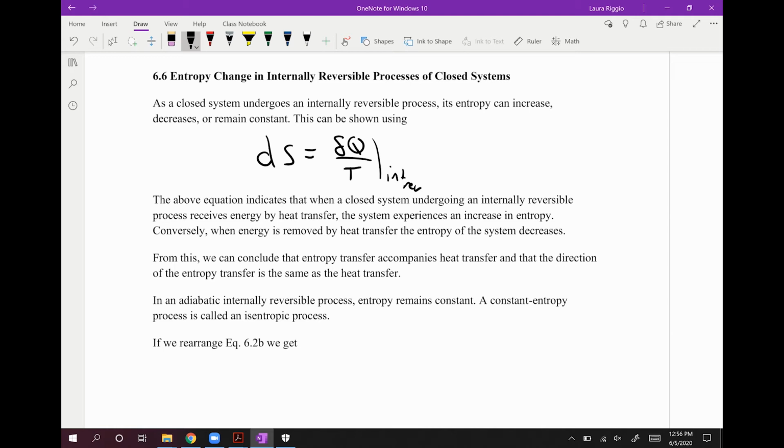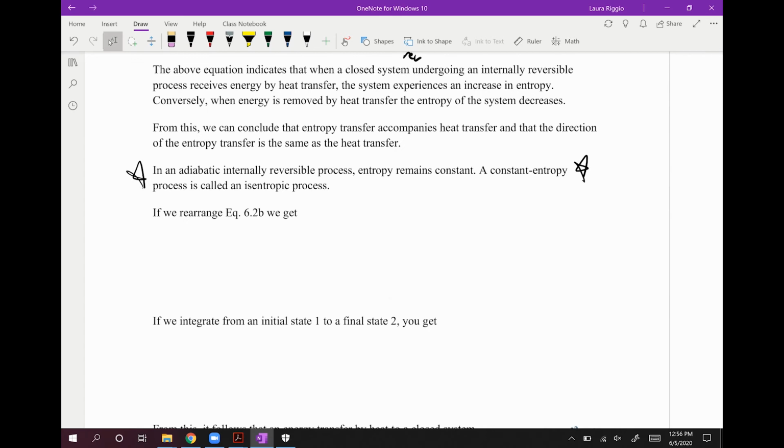In an adiabatic internally reversible process, entropy remains constant, and a constant entropy process is called isentropic. This is a point that's going to come up more than once. If we rearrange our earlier equations, we have that our heat transfer is equal to T dS.